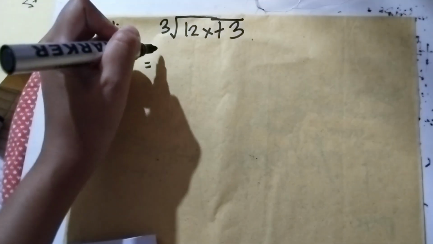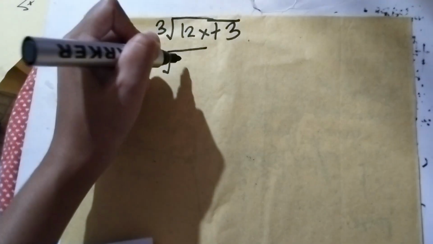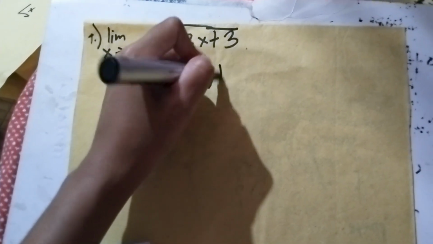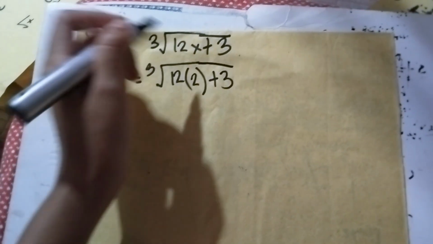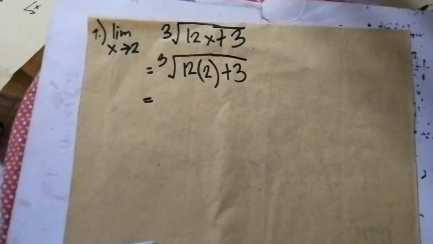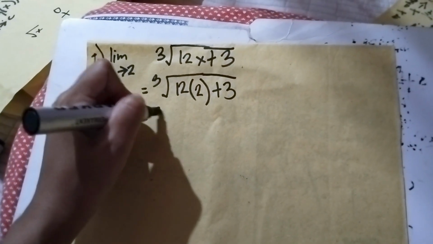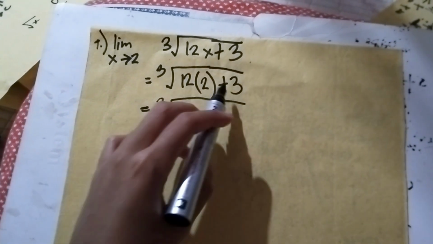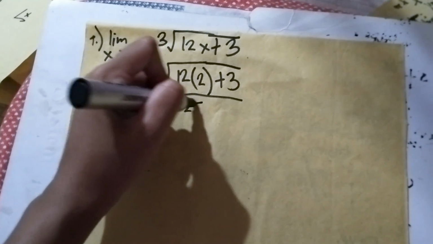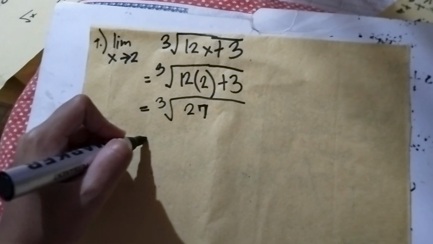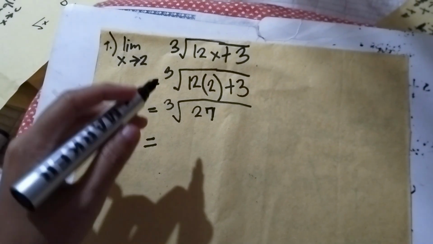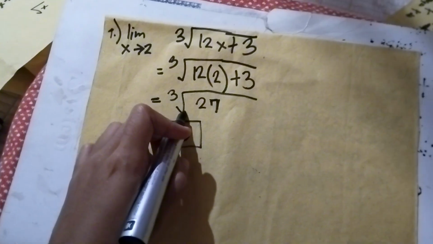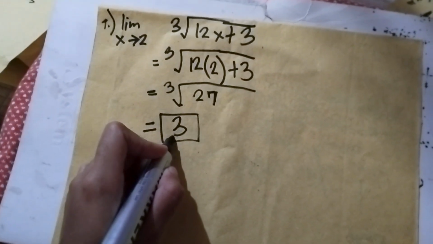So, the cube root of 12 times 2, diba 24, plus 3, so 27. So, what is the cube root of 27? So, 3, because 3 times 3 times 3 equals 27. So, 3 is our final answer.